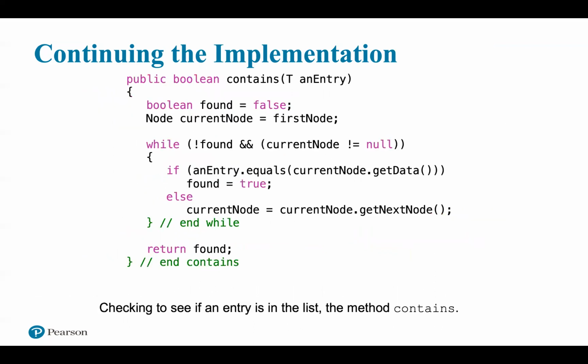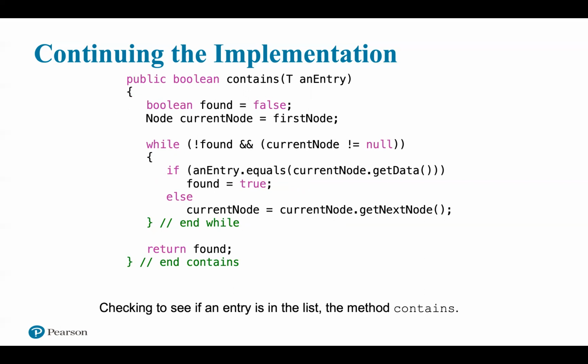The method contains for a list could have the same definition as the one given in segment 3.17 of chapter 3 for a bag. However, the inner class Node now has set and get methods, so contains can appear as follows, and we have it listed. Because the ADT bag has a remove method that removes a given entry, it must do the same search as contains.